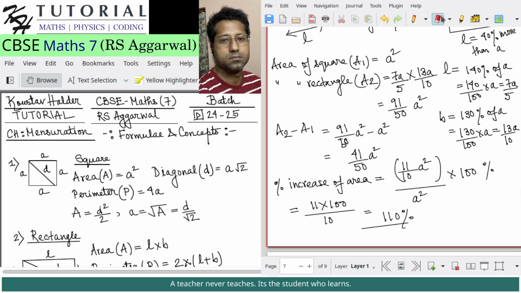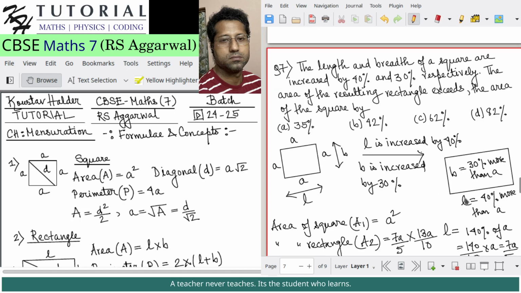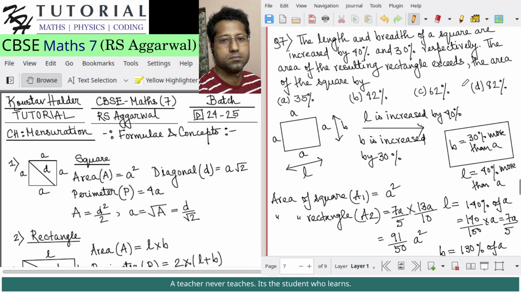So the percentage increase of area will be 41 by 50 A square divided by A square multiplied by 100. So this becomes 41 multiplied by 100 divided by 50 percentage, which is equal to 82 percentage. So the area of the rectangle is 82% more than the area of the square, and hence the correct choice is D.